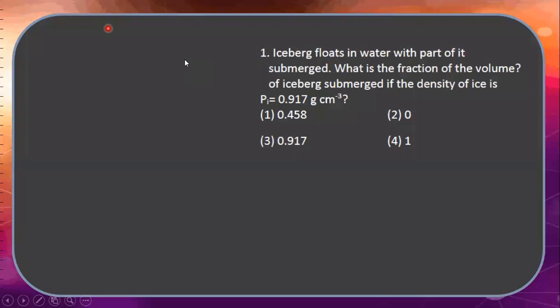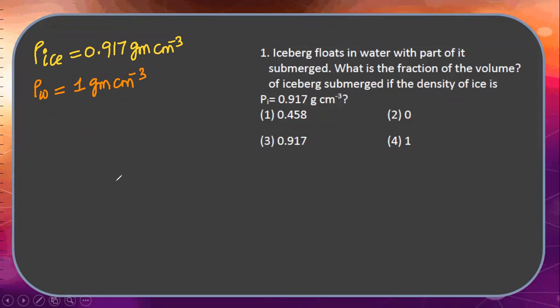The density of the water is 1000 kg per meter cube in SI units. If it is CGS unit, 1 gram per centimeter cube. So the density of the water in CGS system is 1 gram per centimeter cube.